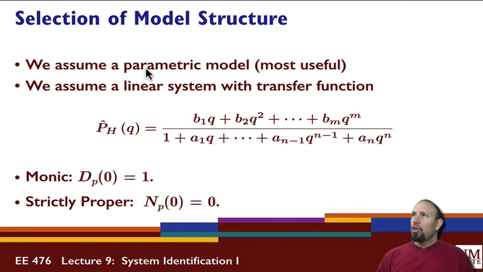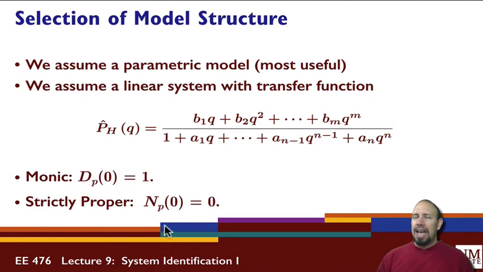Next, we assume a parametric model. We're going to assume a transfer function of this form. In this transfer function, we have a monic polynomial in the denominator. In this case, that means when we evaluate the polynomial at 0, we get 1. When we evaluate the numerator at 0, we get 0. So we're going to assume that as part of our hypothesis.